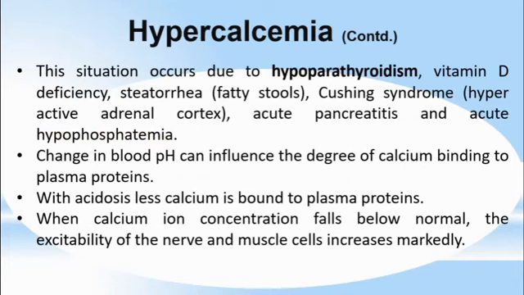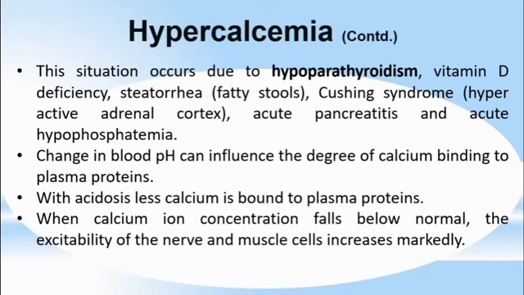This situation occurs due to hyperparathyroidism, vitamin D excess, cystinuria, fatty stools, Cushing syndrome, that is hyperactive adrenal cortex, acute pancreatitis, and acute hypophosphatemia. So these are the reasons hypercalcemia can appear in humans.